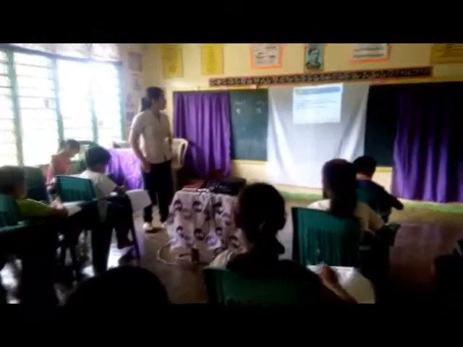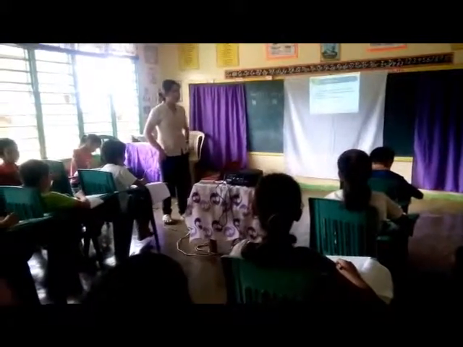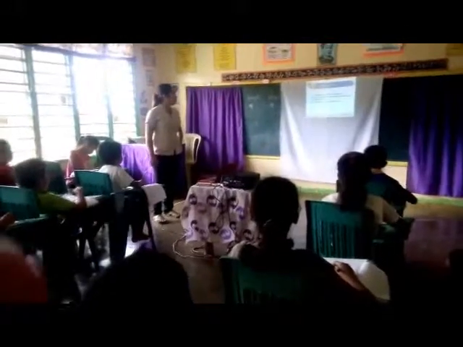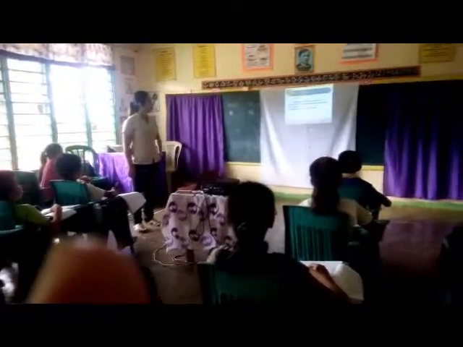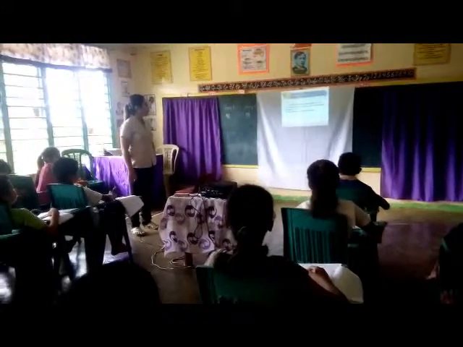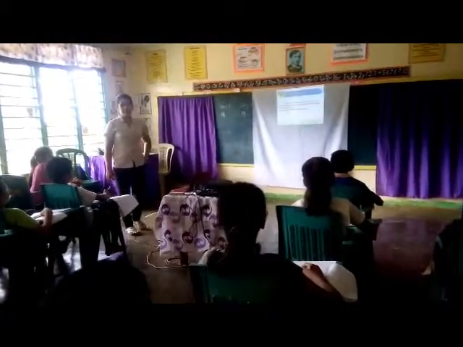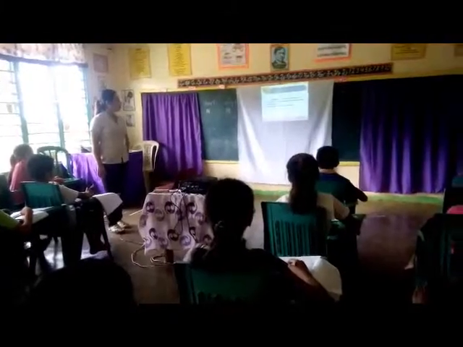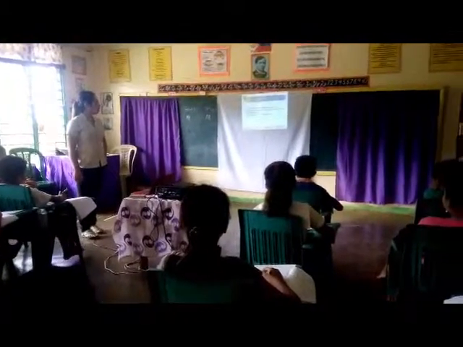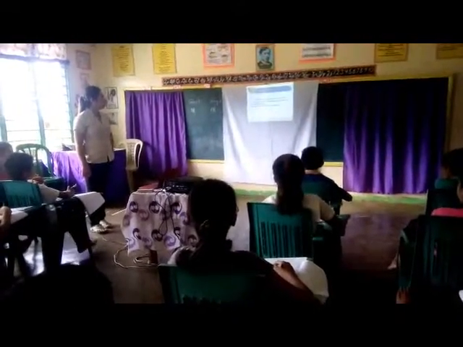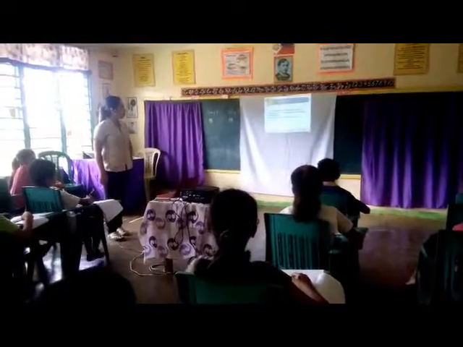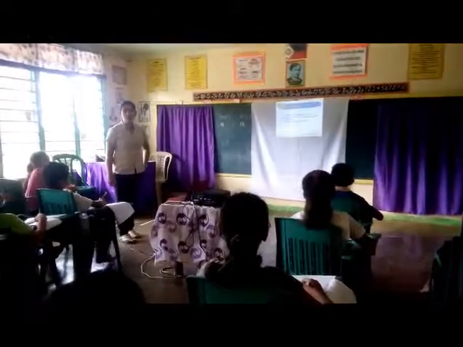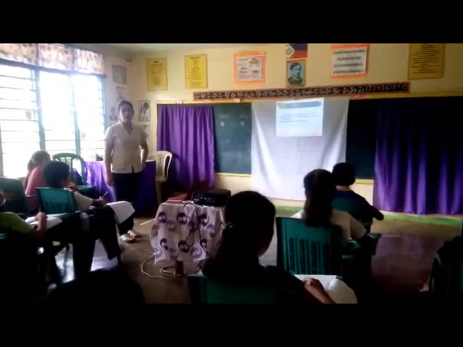Okay, let us read the problem. Your mother told you to buy 2 kilos of chili and 4 kilos of calamari. Now using the 3 ways in writing the ratio, express the ratio of chili to calamari.